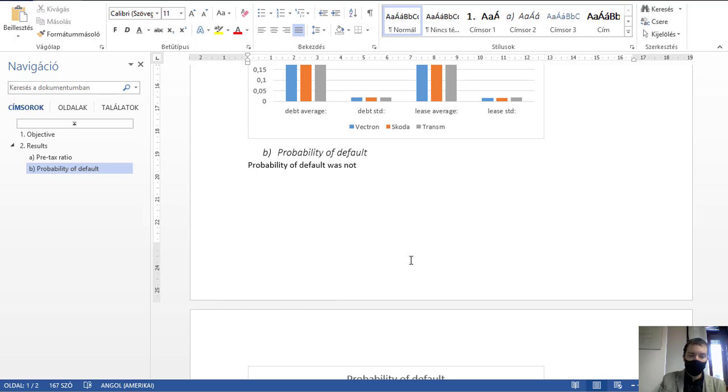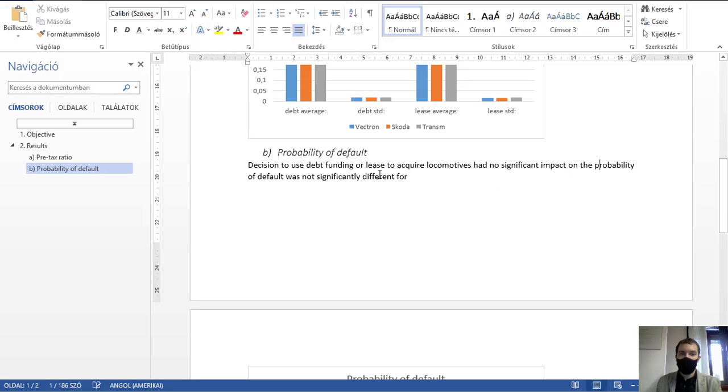The decision to use debt funding or lease to acquire had no significant impact on the probability of default. So in this case it doesn't matter for us.